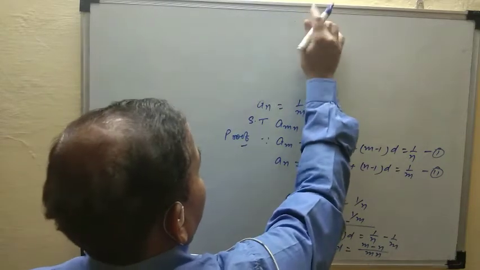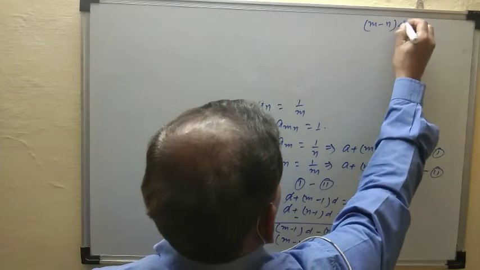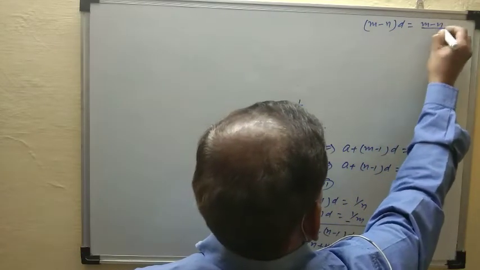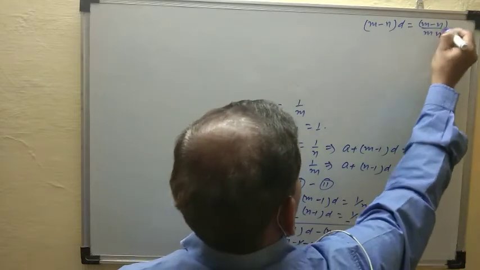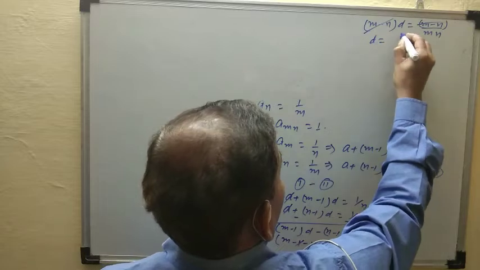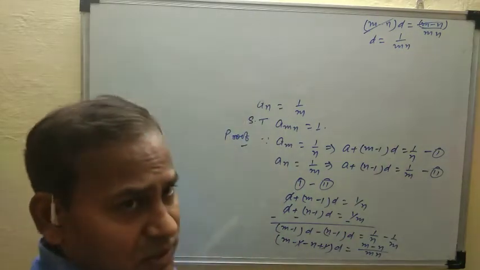Then m minus n into d is equal to m minus n by mn. So both sides m minus n cancel, so d is equal to 1 by mn. This is the value of d.